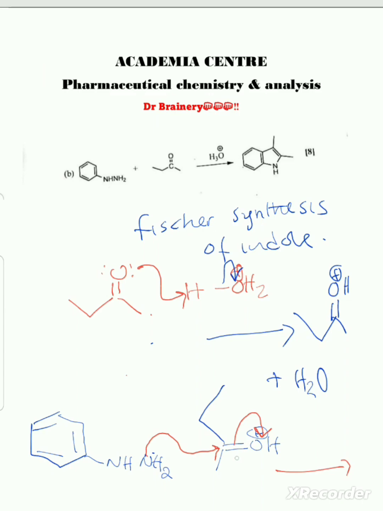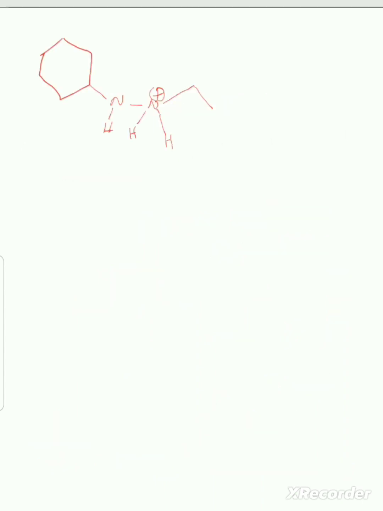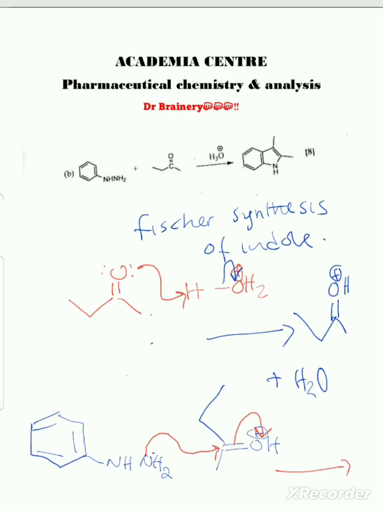Because of the two hydrogens, this nitrogen will be connected to four bonds, so it will have a positive charge here. Here will be the methyl, that one. Then since the bond has opened, we're going to have OH there. Then here it will be like this, something like this.